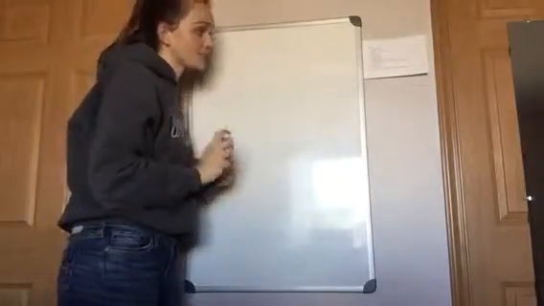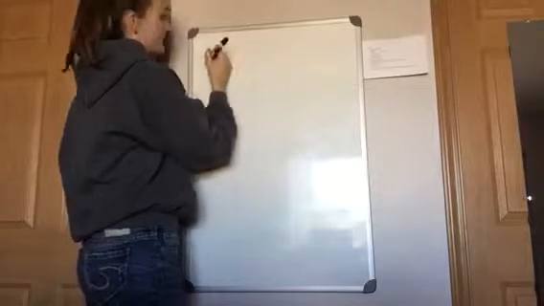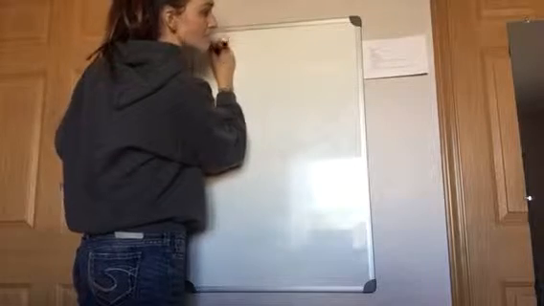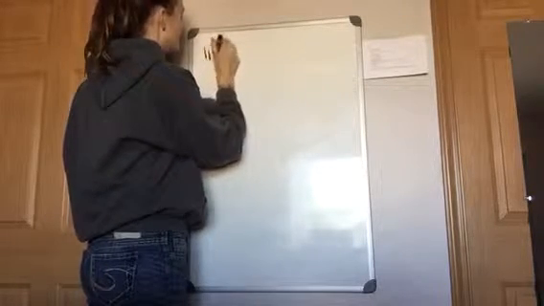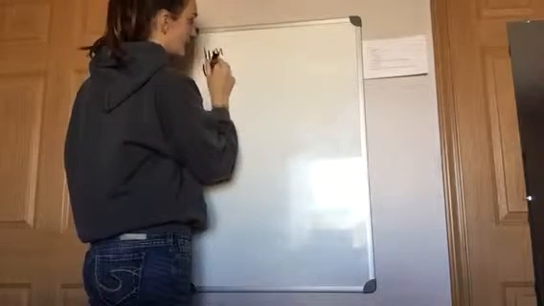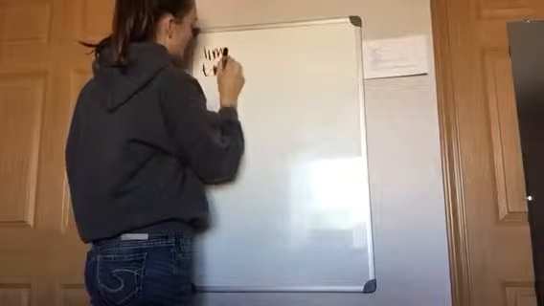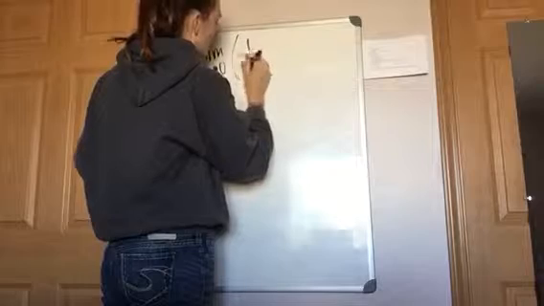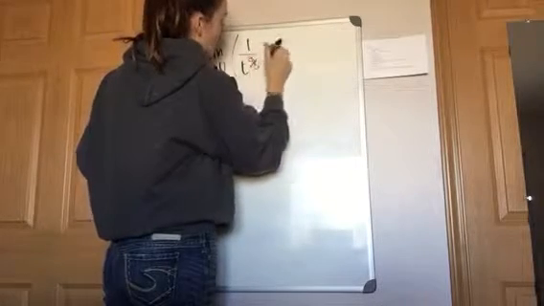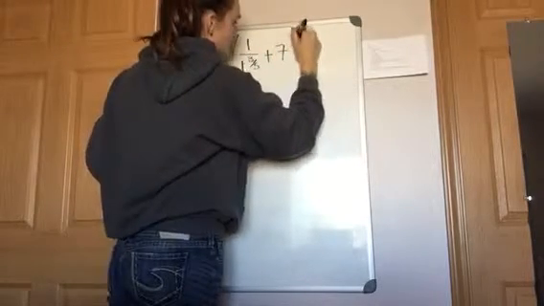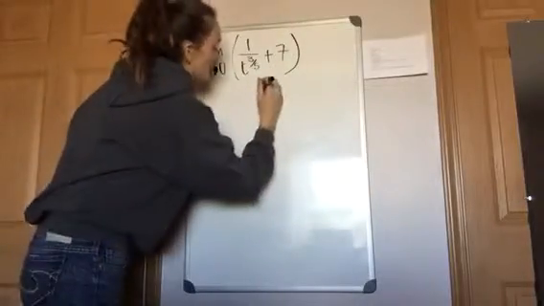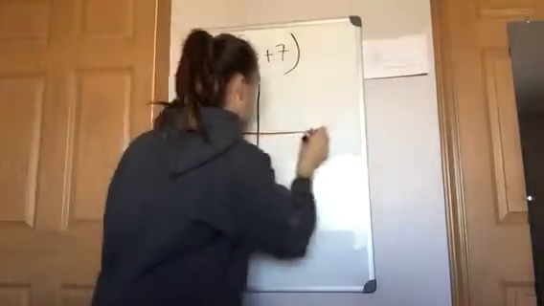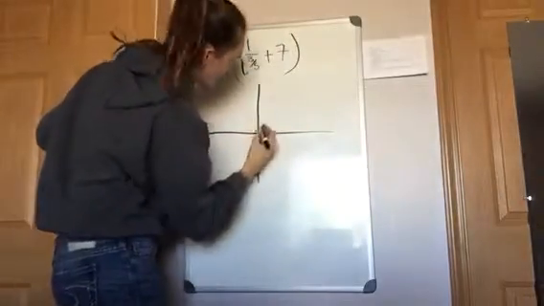So for our next two questions, we're going to be finding the limit as t goes to 0 of 1 over t^(3/5) plus 7. So this looks like the graph for this.